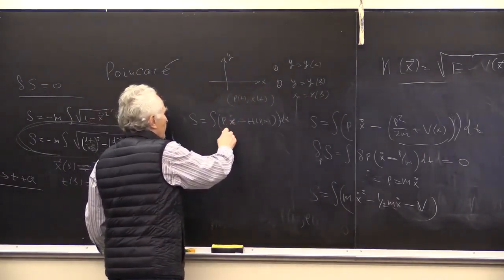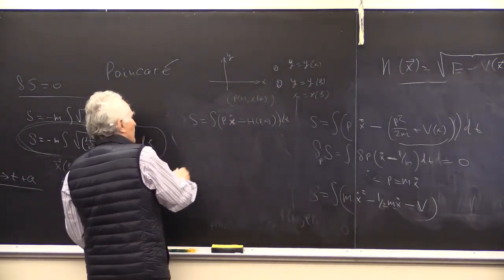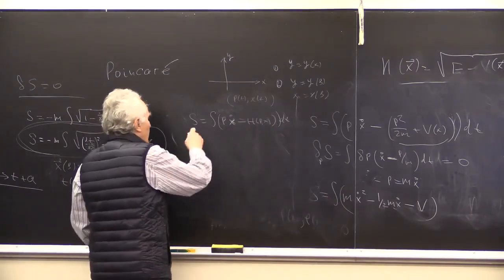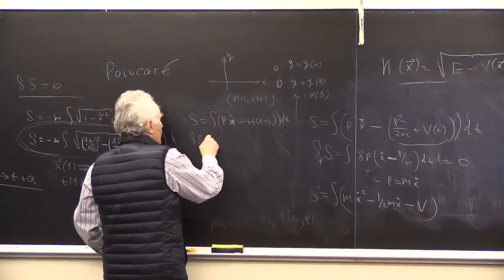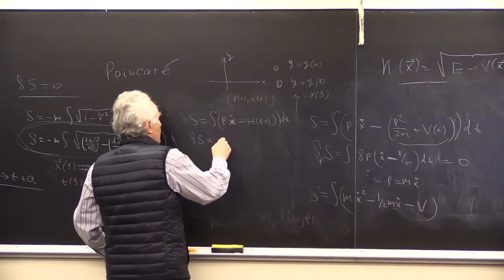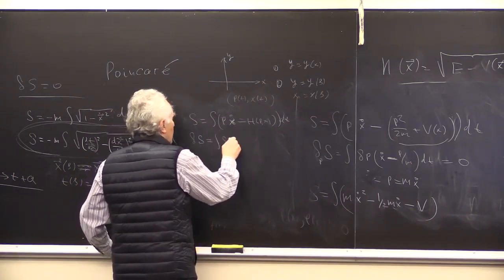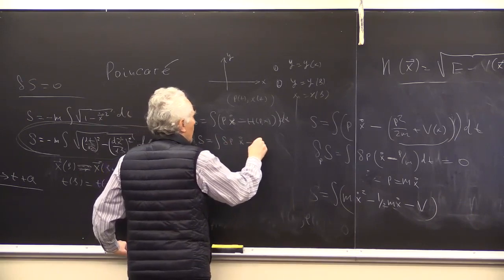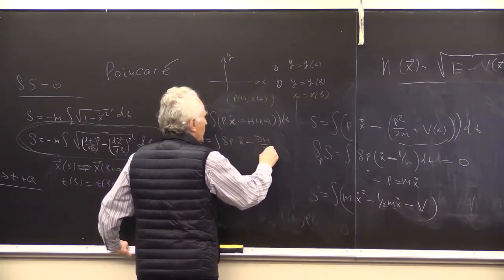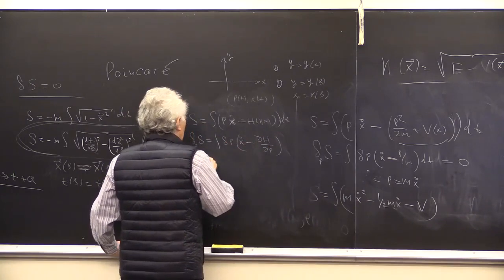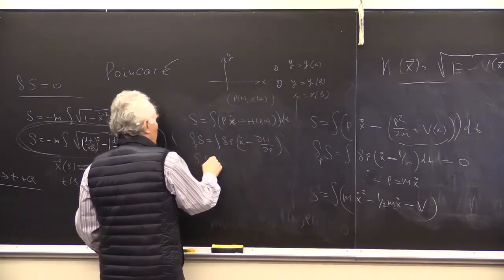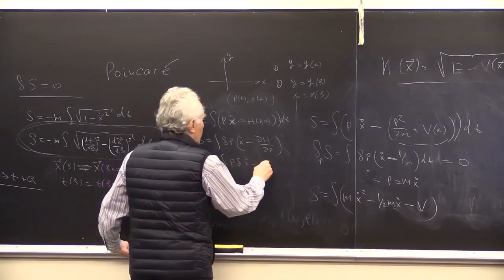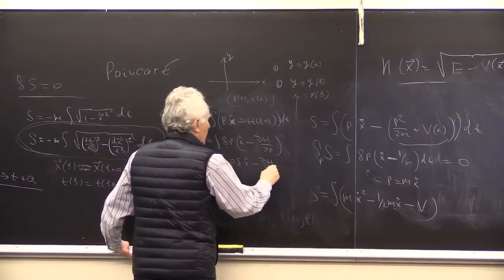That's because we have this functional, which, well, let me first do the trivial part. Let's vary p. We get delta p times x dot minus dh dp. And vary x, we have p delta x dot minus dh dx.